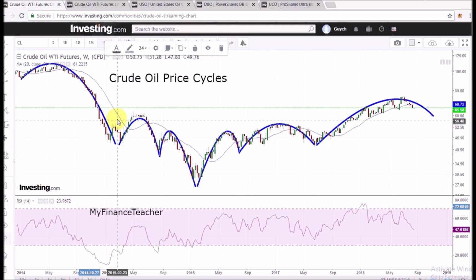In this case, this is a 20-week moving average, and each of these cycles in its advancing phase does break above the 20-week moving average, and in its declining phase, it does break below the 20-week moving average with some conviction. That gives me an indication that a cycle low has been reached.